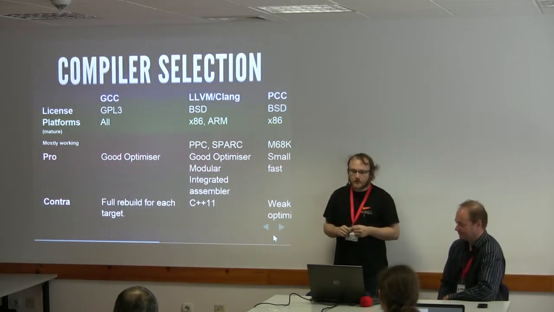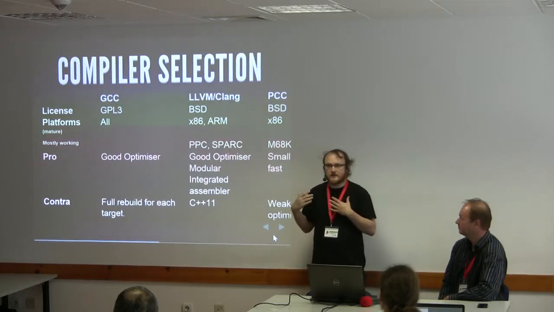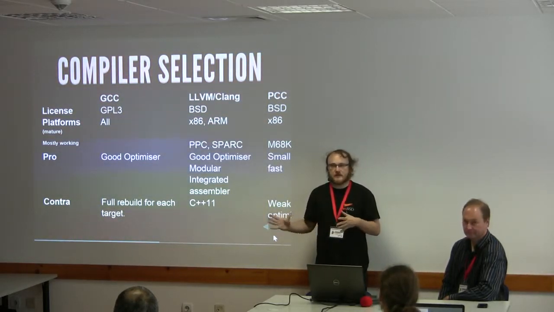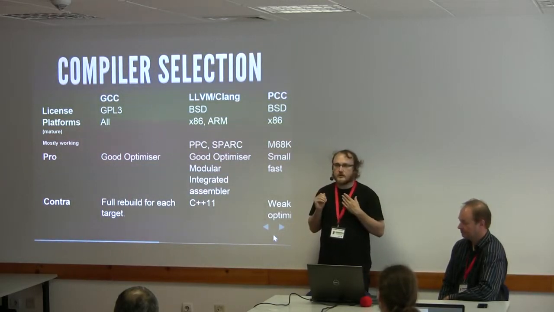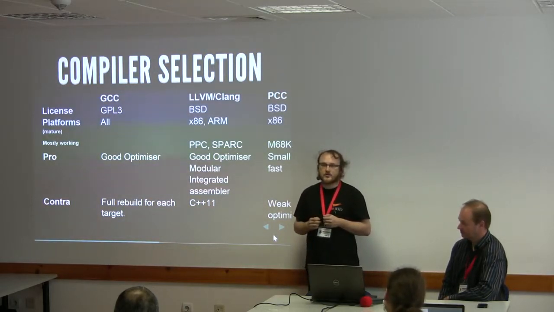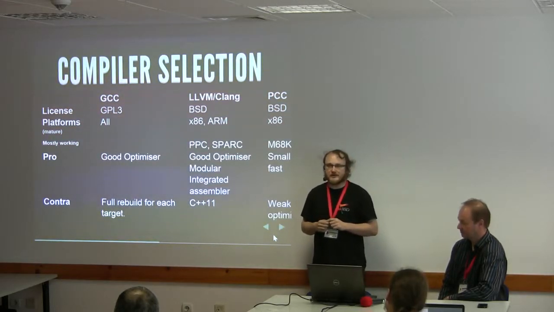And one of the interesting features of LLVM is the integrated assembler. Basically, you don't need to call a separate assembler. It's directly integrated in the process of creating object files. And it also allows doing a lot more sanity checking of the input than GNU assembler currently does.